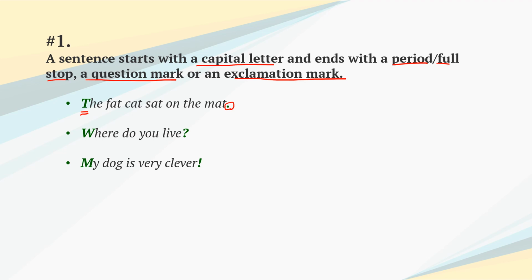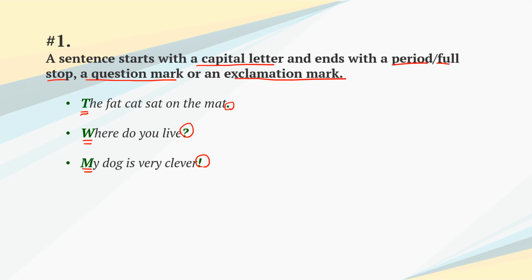Where do you live? Capital W and then question mark. My dog is very clever! So capital M and then exclamation. Remember, a sentence in English starts with a capital letter and ends with a period, full stop, a question mark, or an exclamation mark.